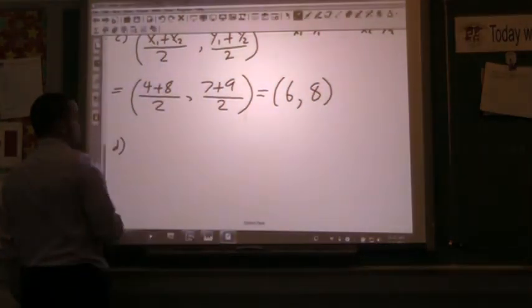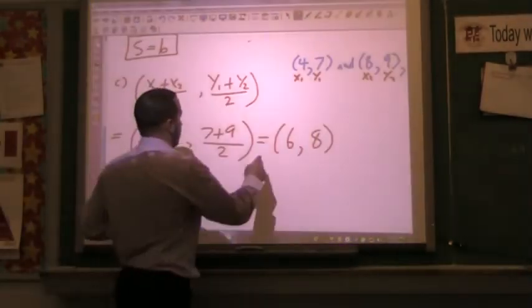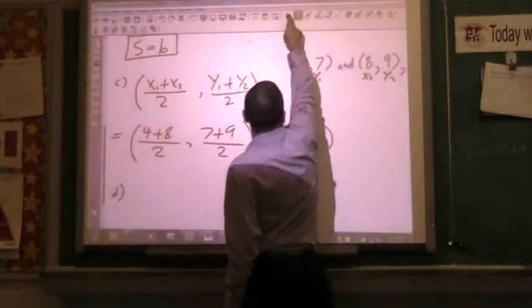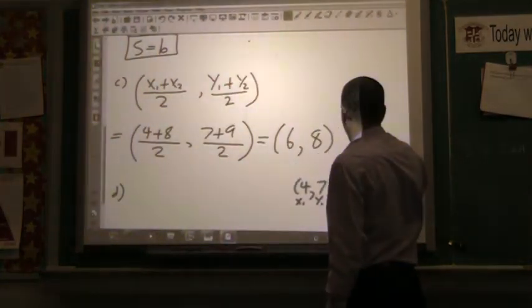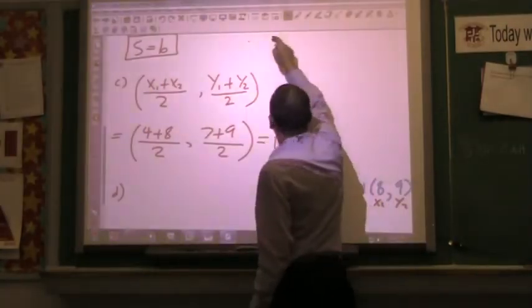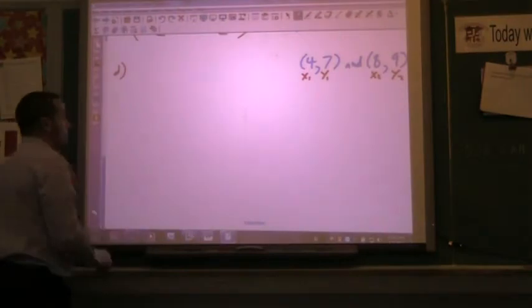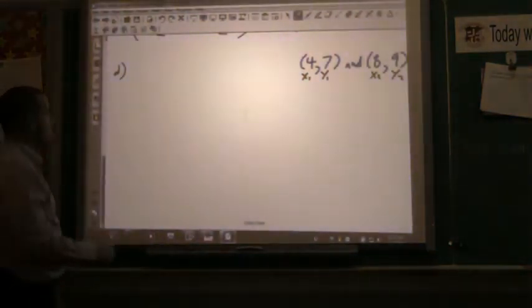Last part, D. Drag your points back down here. Just looking for the distance between those 2 points.